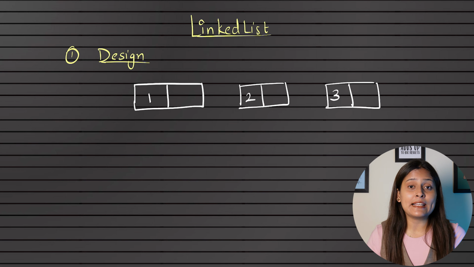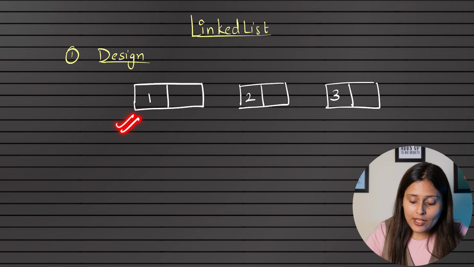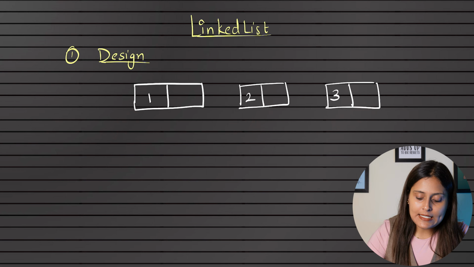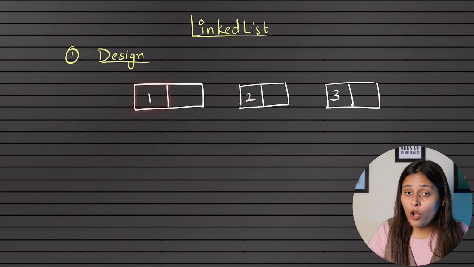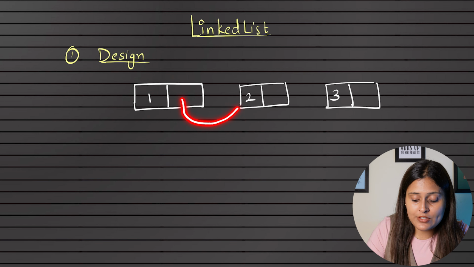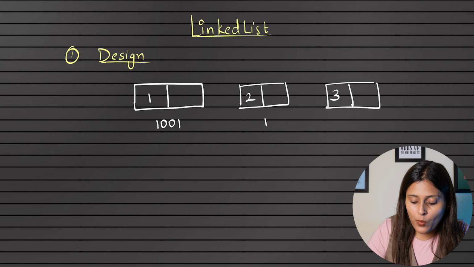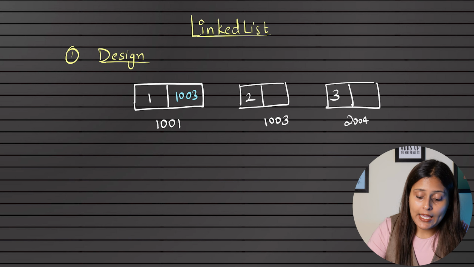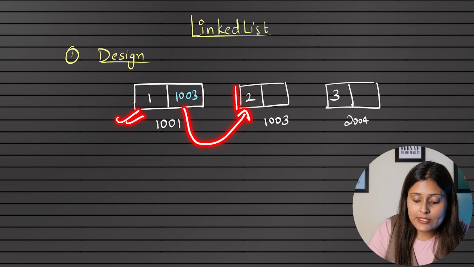So this is how the linked list looks like, and these are called nodes where it saves data, and along with that it also saves the memory address. So let's say the memory address is 1001, 1003 for it, and 2004 for this. Okay, so here we will have 1003, and it denotes that this node is connected to this node.